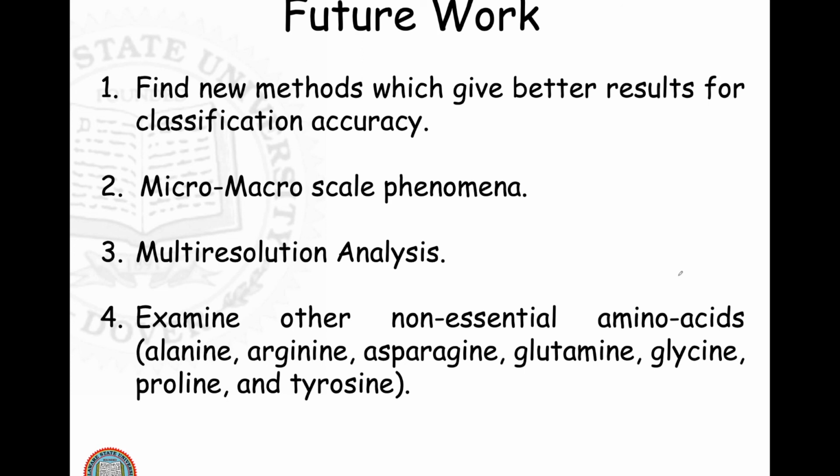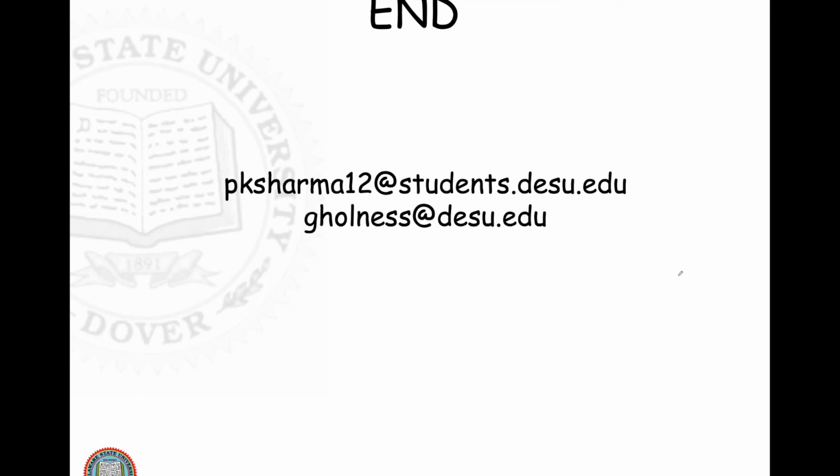Basically, take the general envelope and then look at local patches within the general envelope to do that from a manifold perspective. Multi-resolution analyses to look at different scales along the manifold as a way of characterization of both inter and intra-sample variability, and to also add other non-essential amino acids beyond just those that we had in this experiment. And so that's all I had for today.